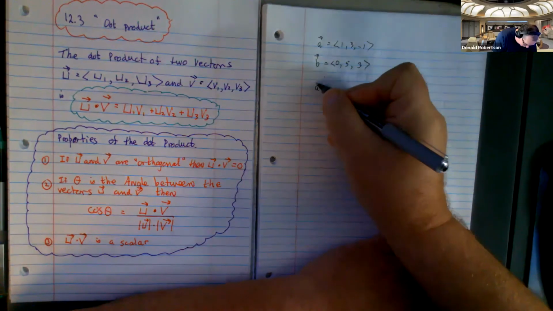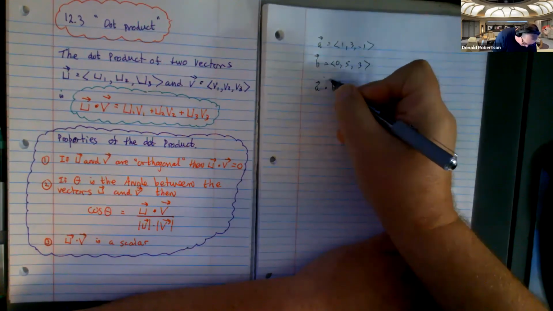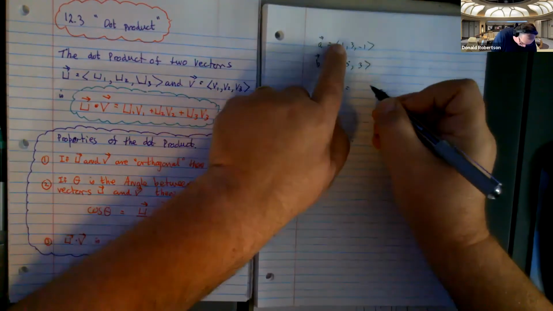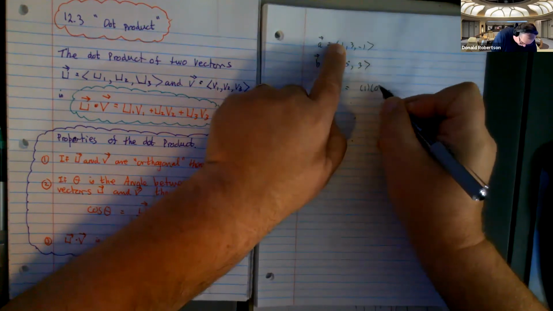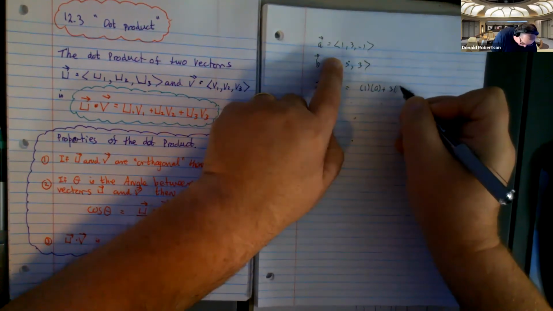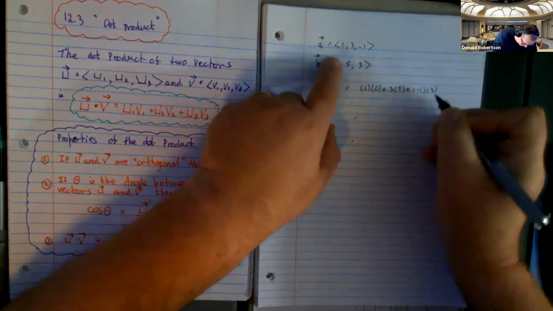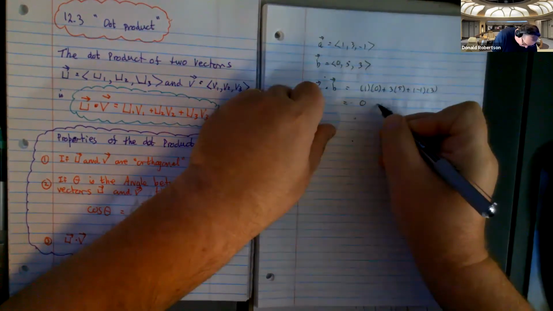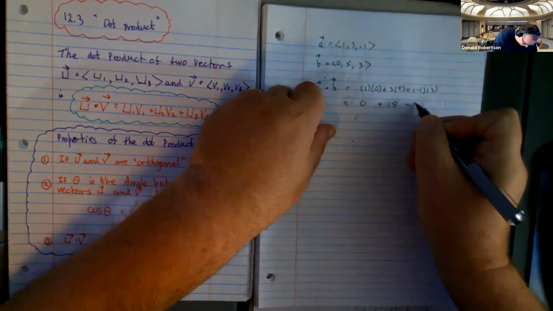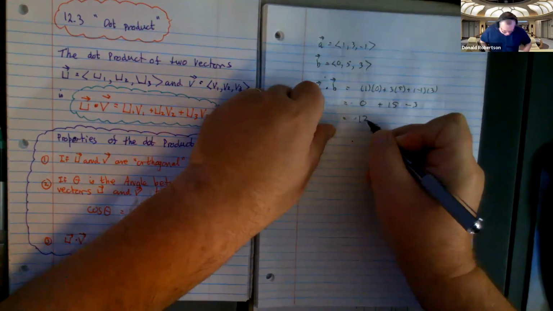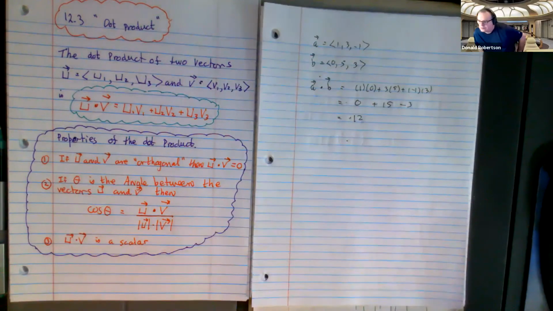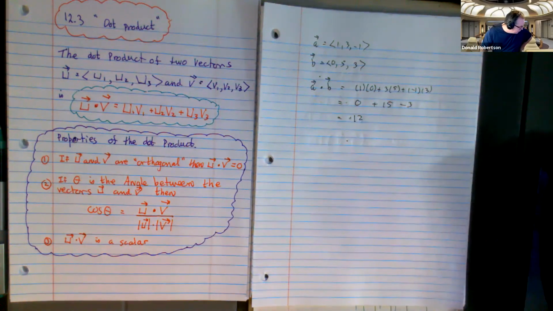Then if you're being asked to find the dot product, you just go 1 times 0 plus 3 times 5 plus -1 times 3. And that gets me a 0, a 15, and a -3. So the answer would be 12. Are we comfortable about finding dot products? So that basically gets you through questions 2, 3, 4.